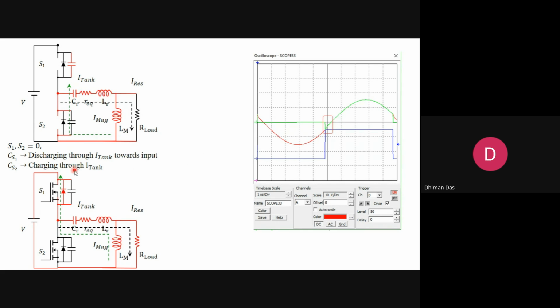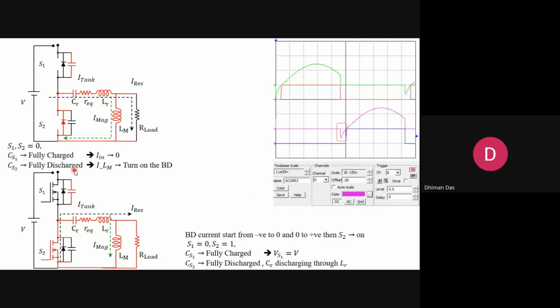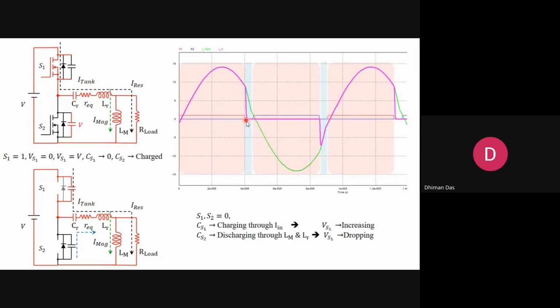Now, similarly, after a certain time, you see this current is negative in direction, the tank current. But during the negative direction of the tank current, it is not at all extracting any current from the source. That is why the source current is completely zero up to this point.